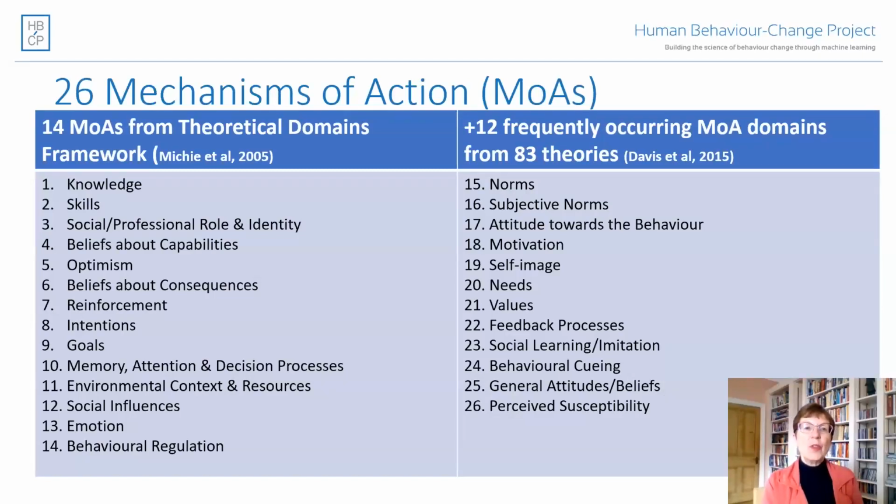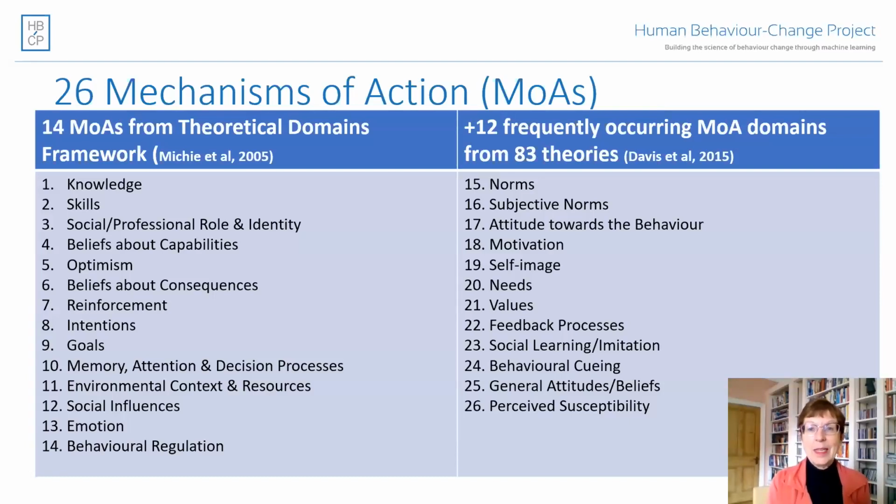So when it came to the mechanisms of action, we identified 26. We did this by taking the 14 mechanisms of action from a framework that myself, Mary and other colleagues developed many years ago called the Theoretical Domains Framework. This was another expert consensus exercise that looked at constructs and processes from theories of behaviour change and identified these 14 broad domains.